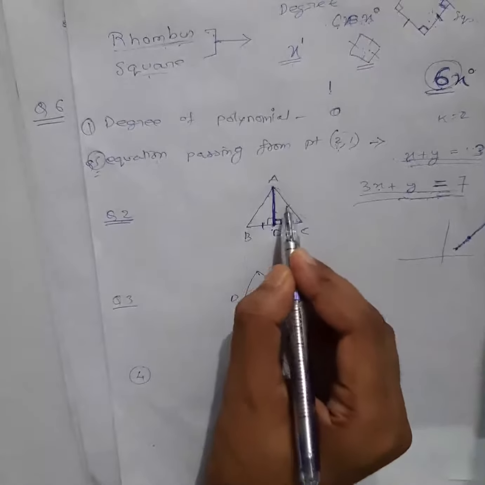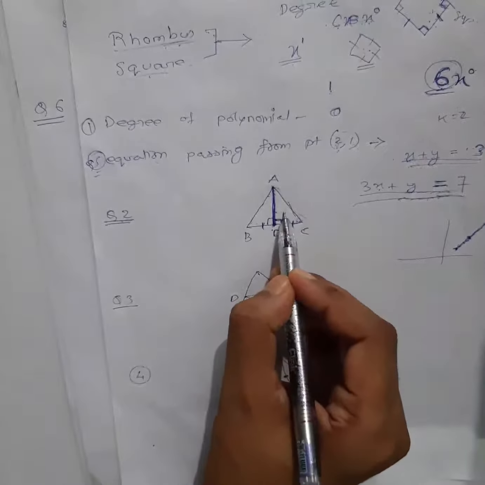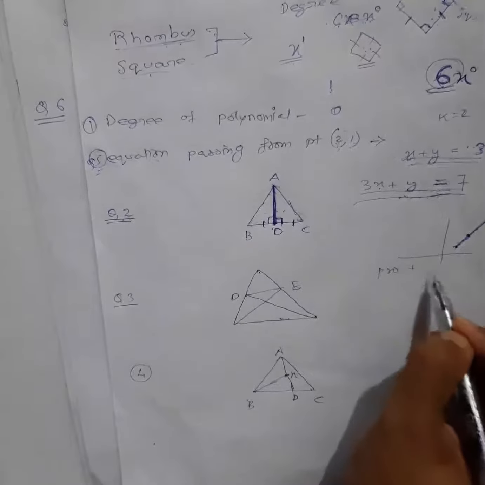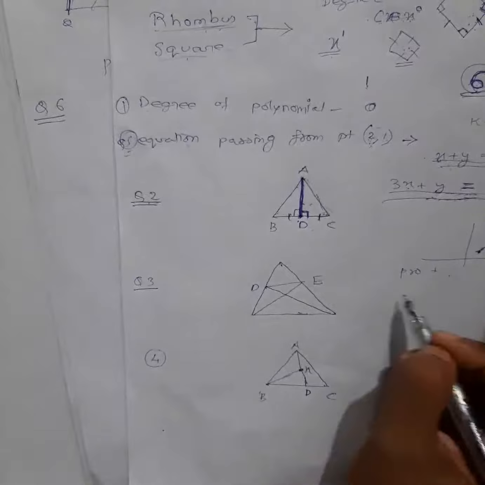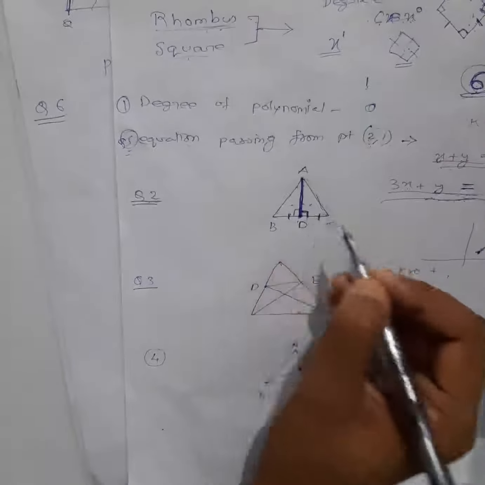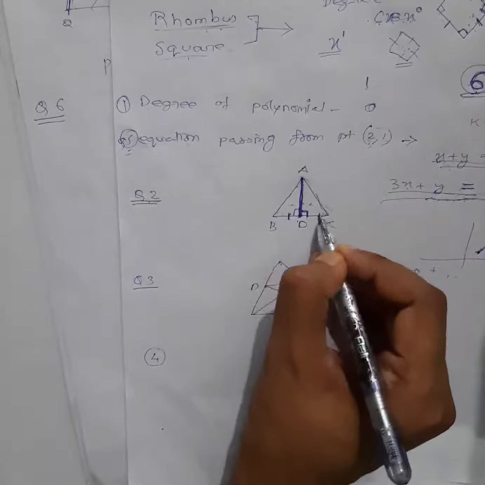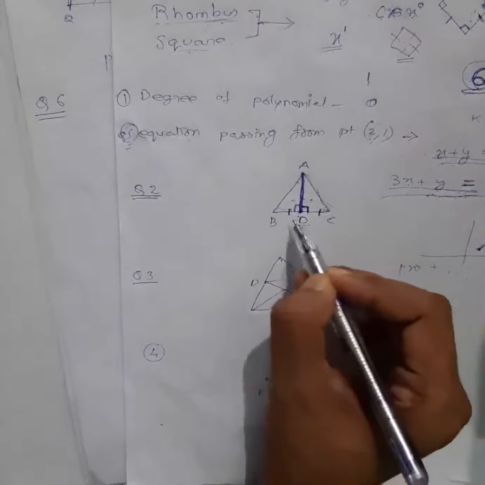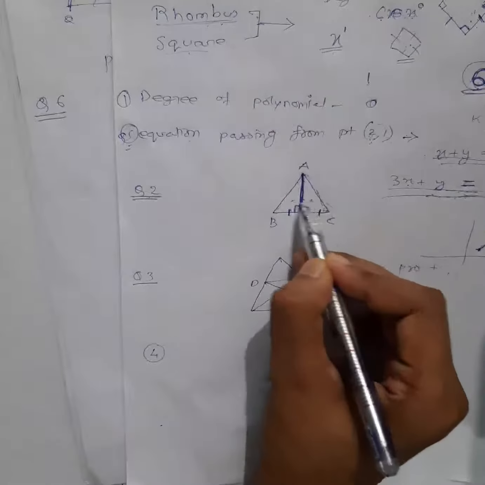So to show this one equal, what I can do is show these two triangles congruent. That's why I say study the properties of triangles well, the congruence properties. So I can easily show these two triangles congruent. Why? Because you can see this side and this side we already got equal, this angle we already got equal, and you can see AD is common between these two triangles.